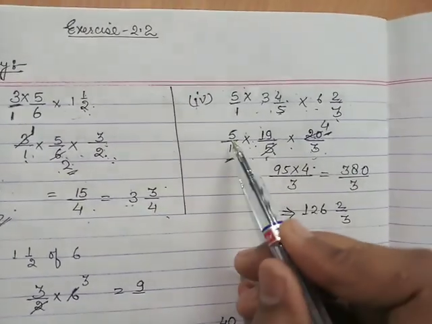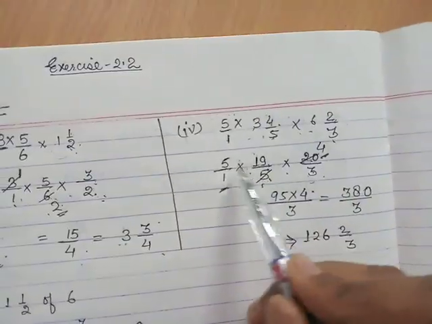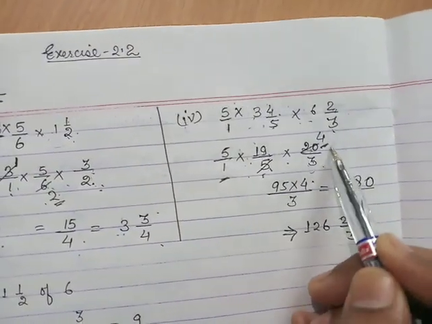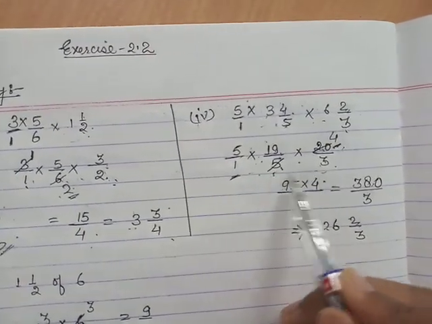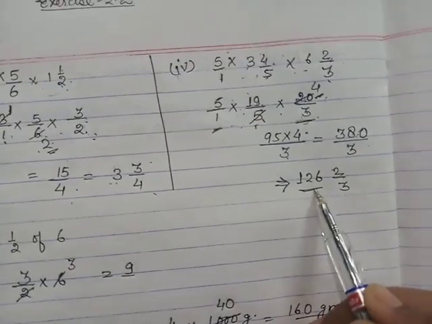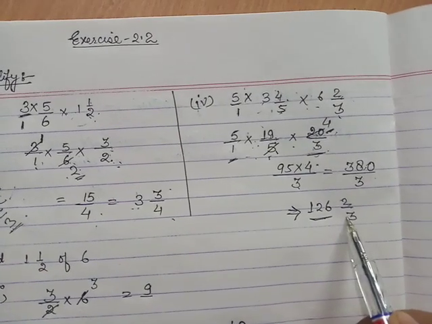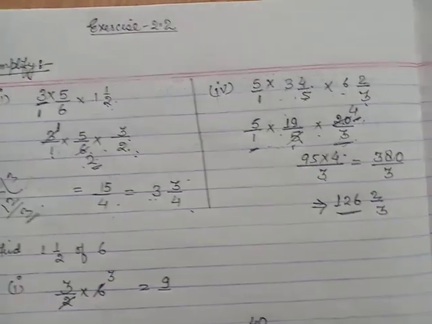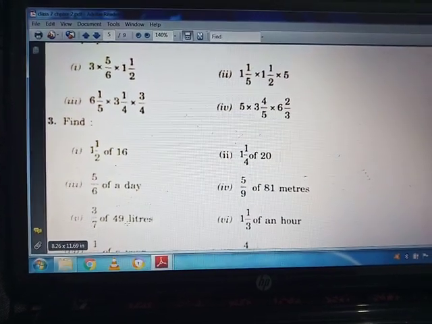Then we will multiply the numerator values: 5 multiplied by 19 multiplied by 4. 19 fives are 95, multiplied by 4 is 380, and the denominator is 3 only. So we will convert this into a mixed fraction, and our value will be 126 whole 2/3.